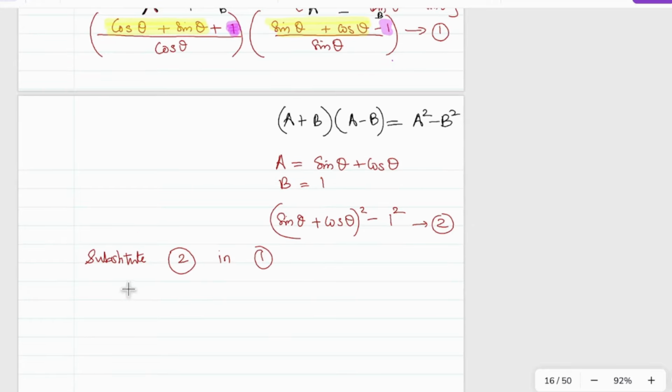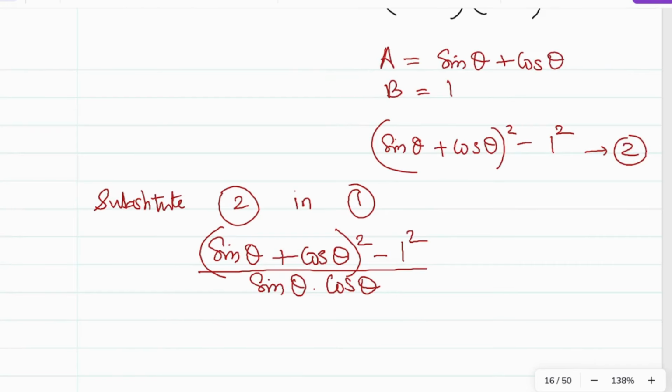Okay, so here I will insert the value in my numerator part. That equals (sin theta plus cos theta) the whole square minus 1 square, divided by my new denominator, sin theta into cos theta. Clear?